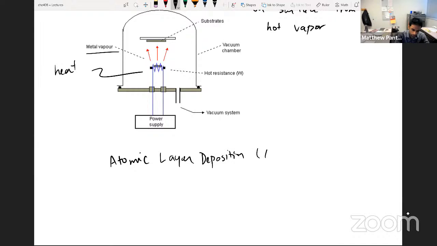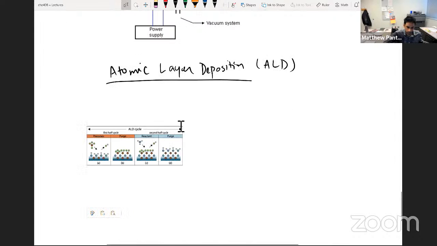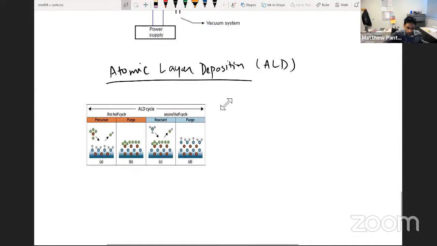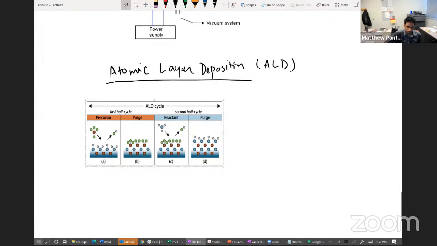So this is also known as ALD. Again, I got a diagram here to help illustrate this. This is essentially done by a series of chemical reactions at the surface. This is sort of cool because you have some self-limiting chemical reactions that will allow you to build up a material atomic layer by atomic layer.